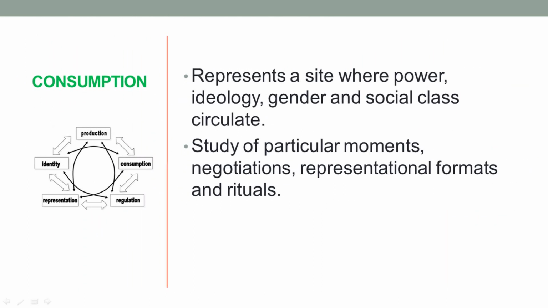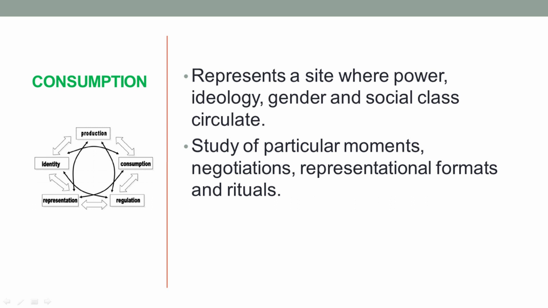Then fourth one, consumption. Consumption represents a site where power, ideology, gender and social class circulate and shape one another. It involves the study of particular moments, negotiations, representational formats and rituals in the social life of a commodity.